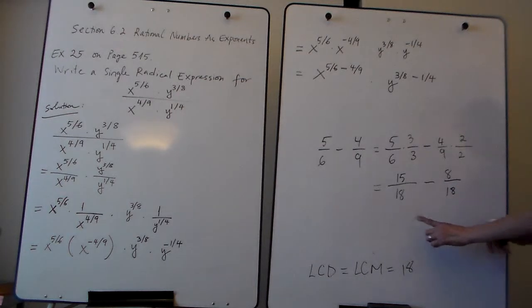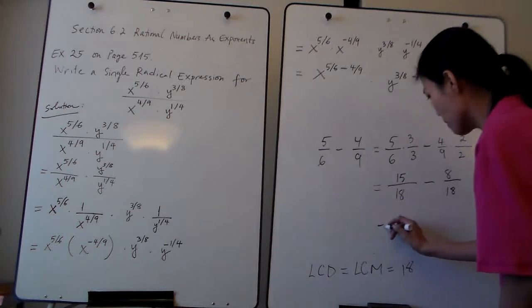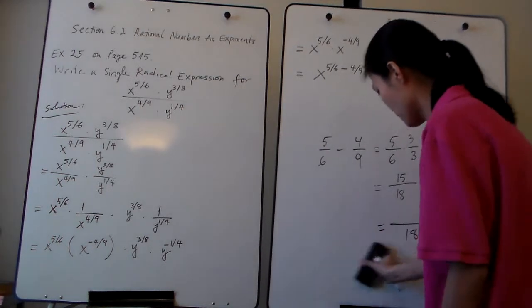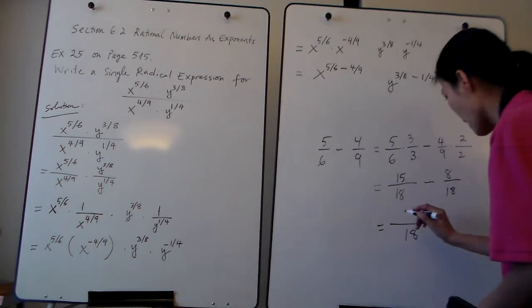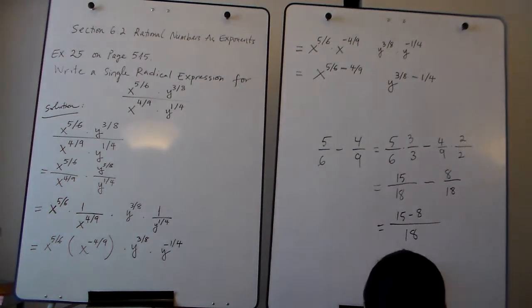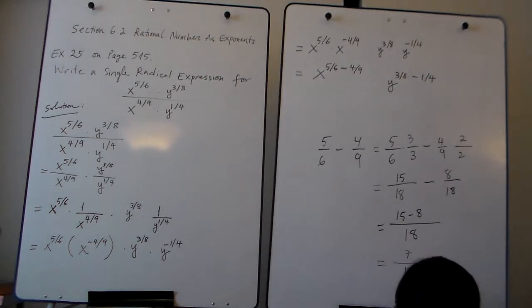Now, once I have two fractions with the same denominator, I can combine them. That's one denominator, 18. 15 minus 8. So 15 minus 8 is 7. 7 over 18. Okay?